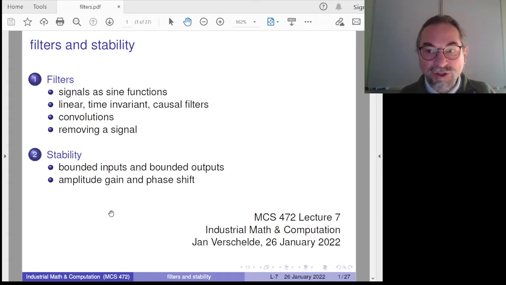So in lecture 6, we introduced the way of looking at signals using the z-transform. So the z-transform was then also in turn very useful to solving recursion relations.